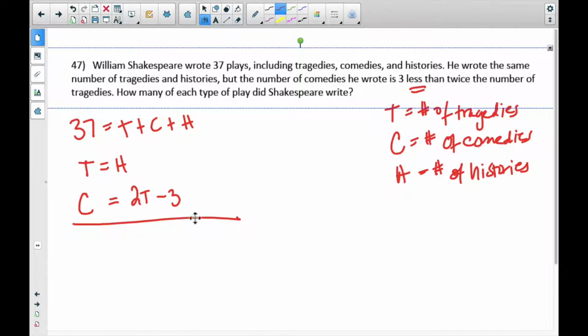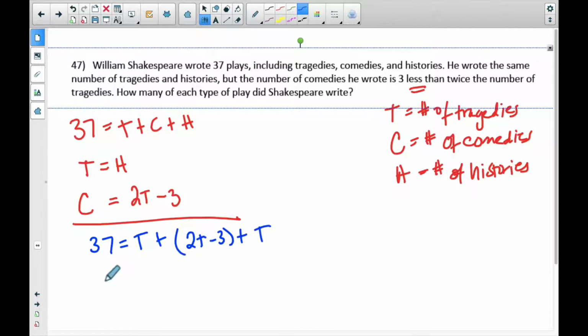Now that I've got all that, I can put it together in one equation. So I have 37 is equal to tragedies plus comedies, which is 2t minus 3, plus histories, which is the same as tragedies. I want all of my variables to be the same letter, so I have t, t, and t.